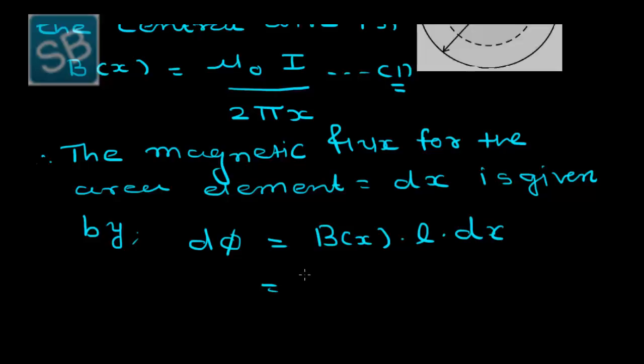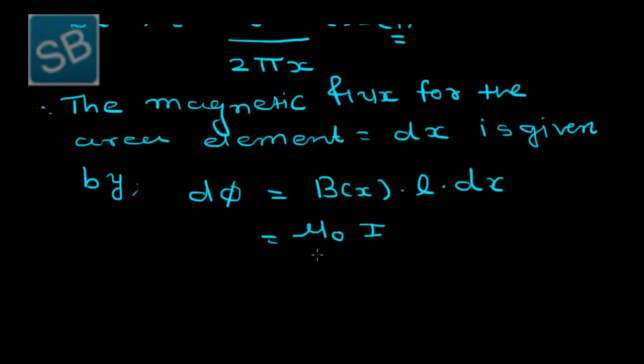So here I have the value of B_x, that is mu 0 I upon 2 pi x into L into dx, and now this is equation number 2.